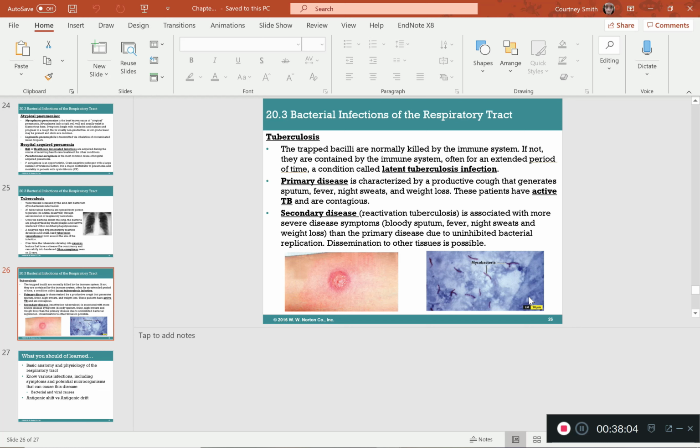I don't know the mechanism as to why tuberculosis will go latent and then reactivate. I don't know the mechanism, guys. But if it does get reactivated, and the likelihood is that it will eventually if you don't get it taken care of, you'll have the same presentation as primary, but the main difference is that you may have bloody sputum at this point, and also the likelihood is that TB has disseminated into other tissues and is causing damage.